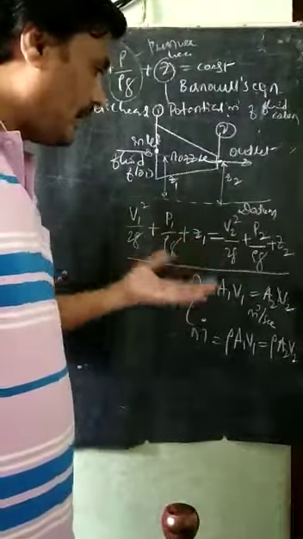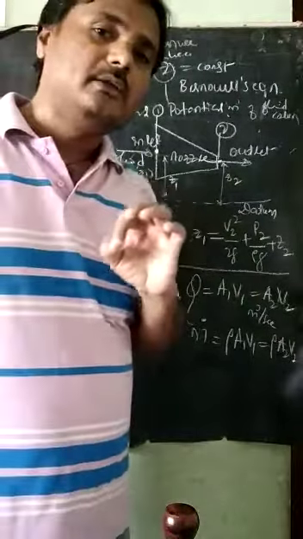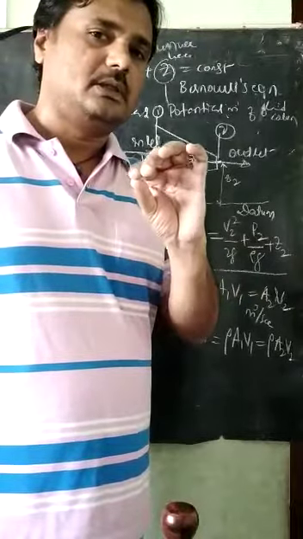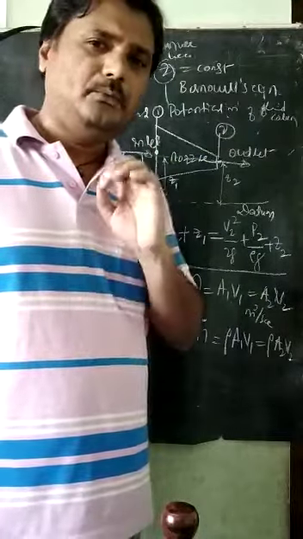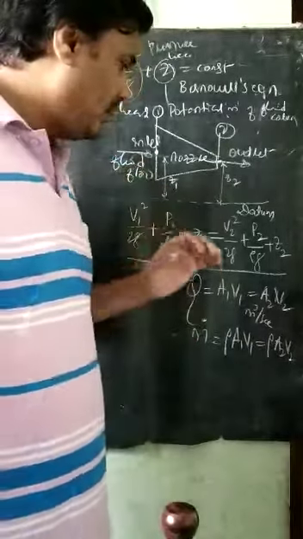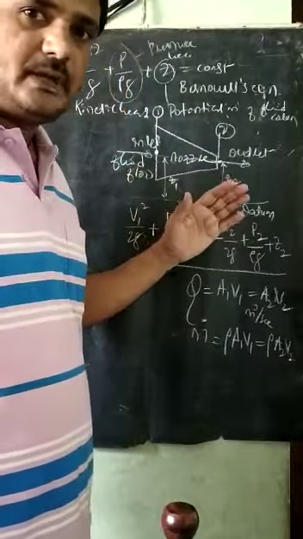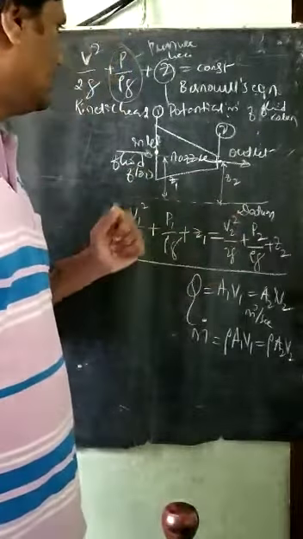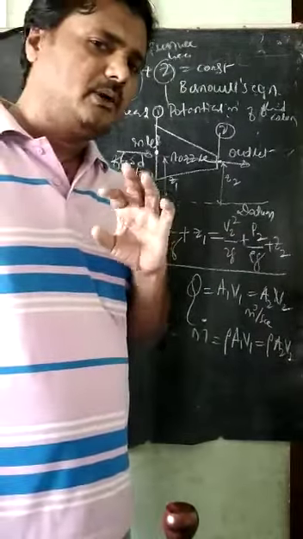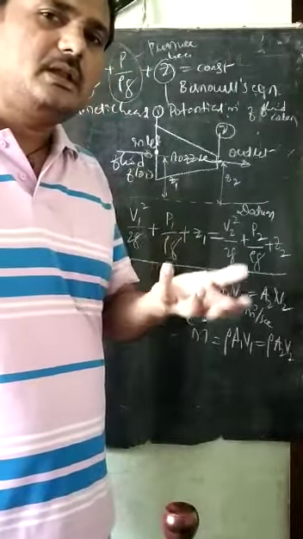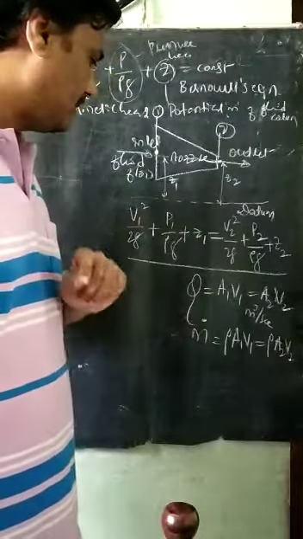Using the one-dimensional continuity equation and Bernoulli's equation, we find the unknown quantities in the numericals, and we have to take care of the units in which they are given. That is very, very important. Velocity V usually is given in meter per second; if it is not, convert it into meter per second.